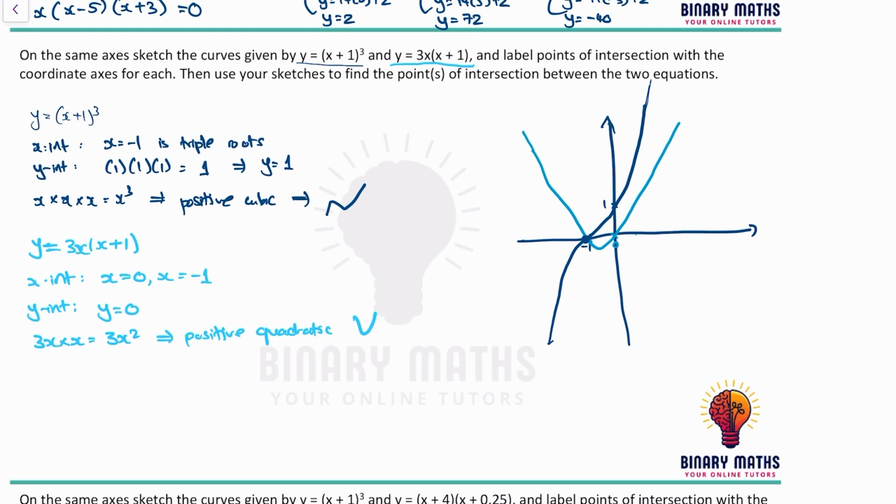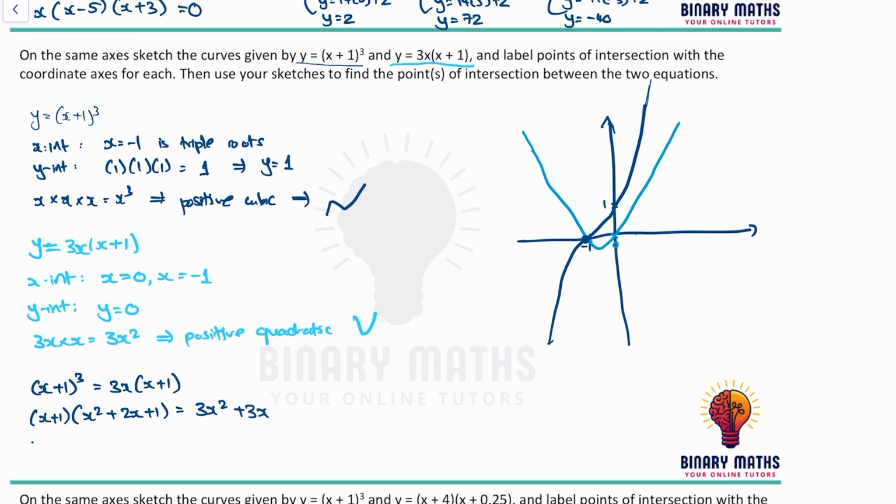So if I solve it algebraically by equating it, I get x plus 1 cubed is equal to 3x times x plus 1. If I expand this, I get x plus 1 times x squared plus 2x plus 1 when I expand two of the brackets, times 3x is equal to 3x squared plus 3x.